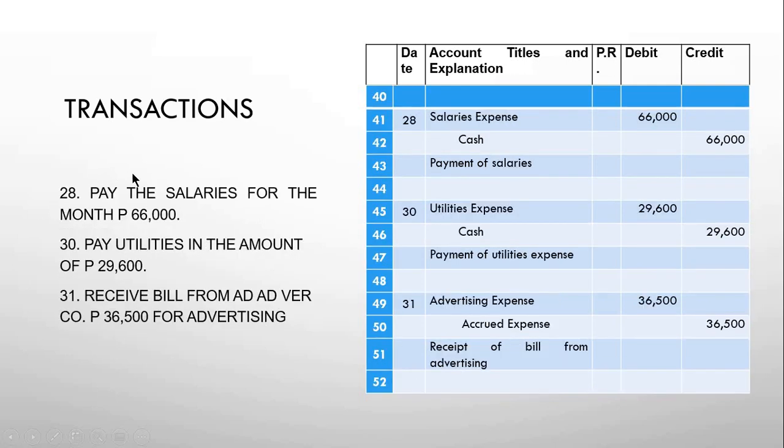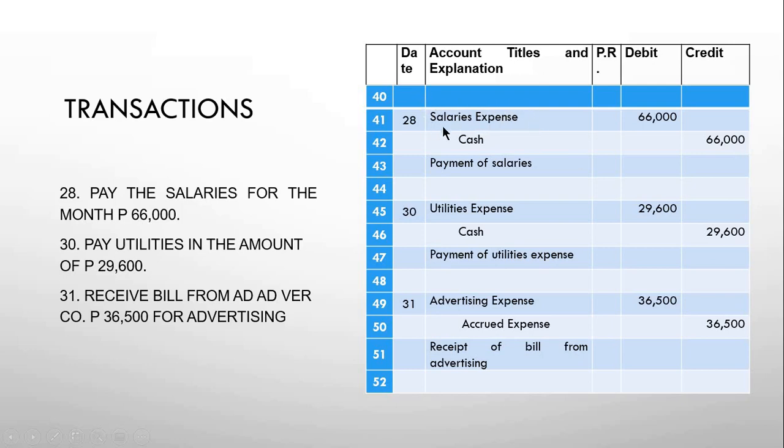And on January 28, pay the salaries for the month of 66,000. So, nagbayad siya ng expense, ng salaries expense. So, liliit yung cash niya kasi nagbayad siya for cash. A credit to cash. Okay, 66,000. And that's a debit to salaries expense. Remember, expense has a normal debit balance.